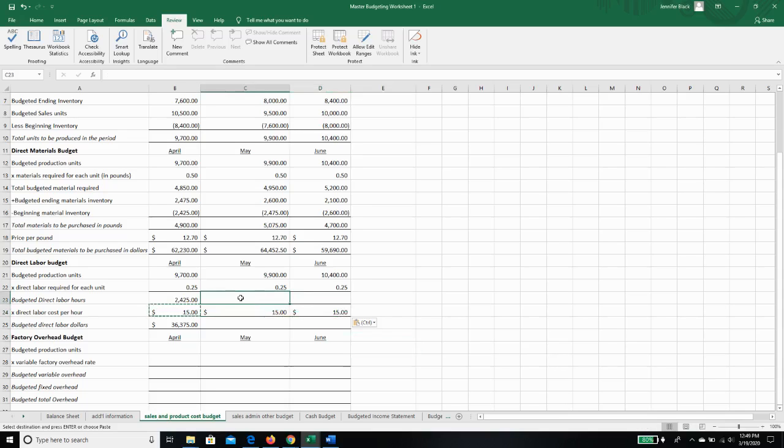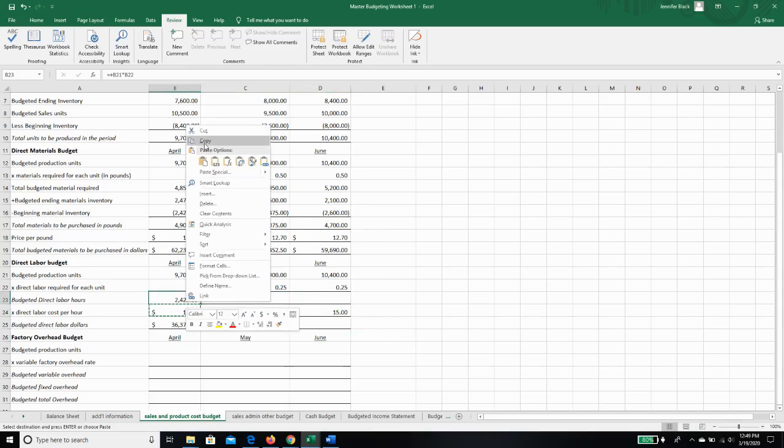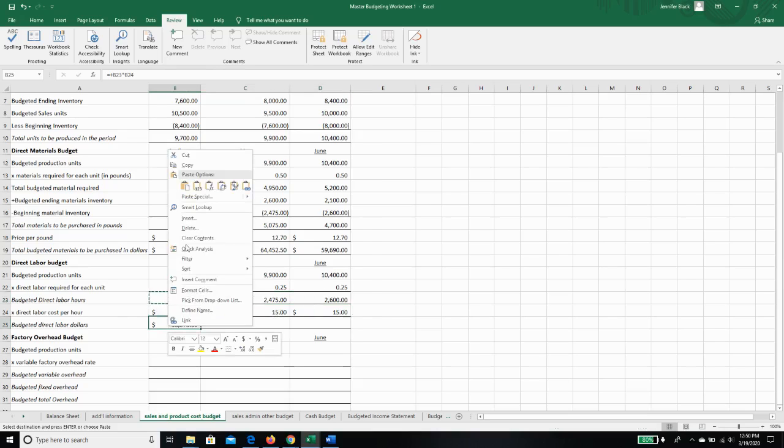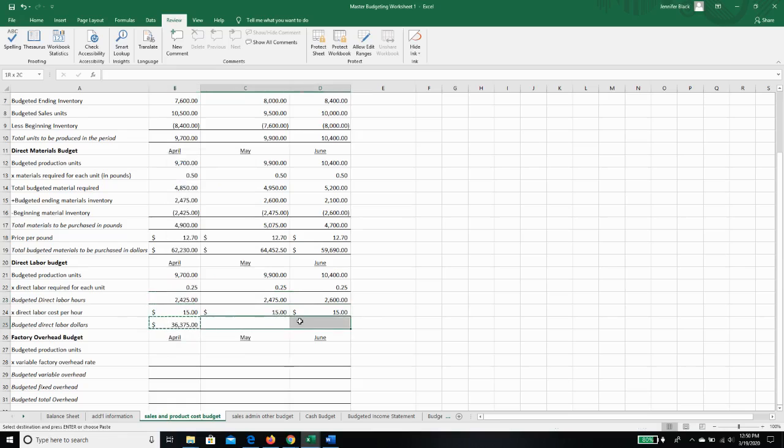So now, I can just copy over this formula, which basically says, in May, if I'm going to make 9,900 units and I need a quarter of an hour each unit, I'm going to use 2,475 hours. And if I multiply that by 15, I'm just copying and pasting my formula so I don't have to retype them. Then I'm going to spend $37,125 in May.